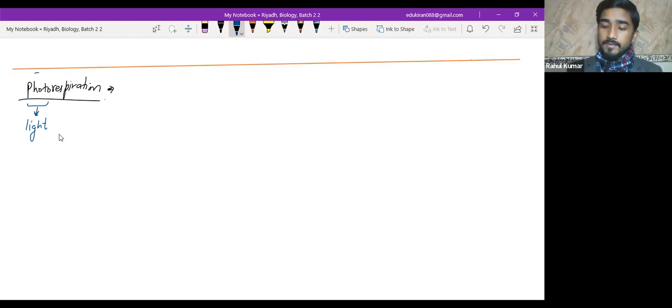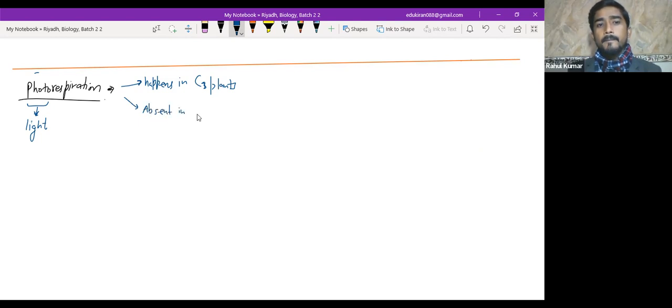Photorespiration happens in C3 plants. Yesterday I defined photorespiration. Can someone just repeat it for me? Photorespiration, please. Can anyone repeat that definition?